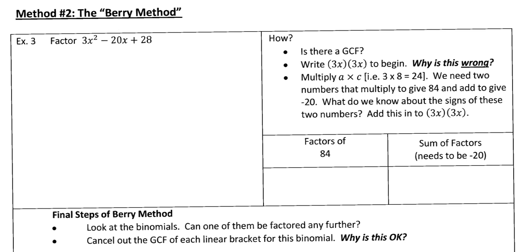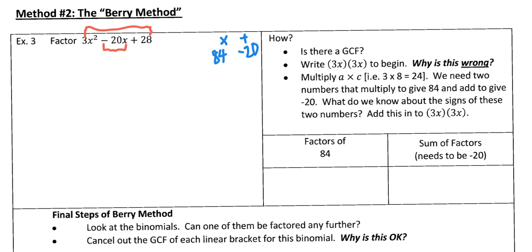So remember with our decomposition, we highlighted the fact that we pulled the 3 and the 28 together, and we look for something that times to, well, 84, positive 84, but then added to negative 20.